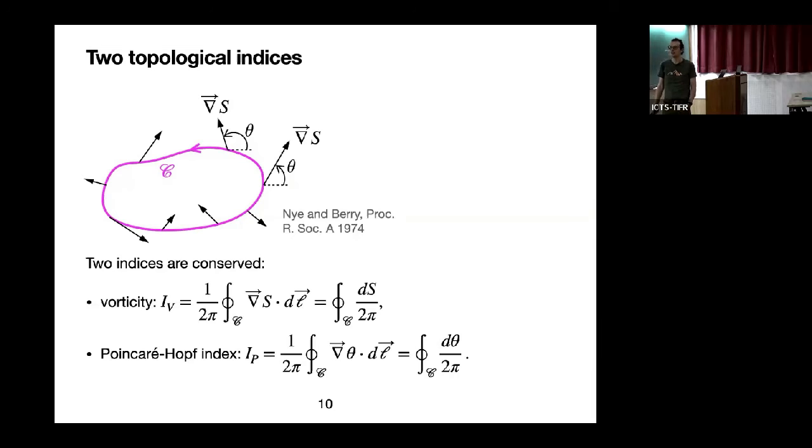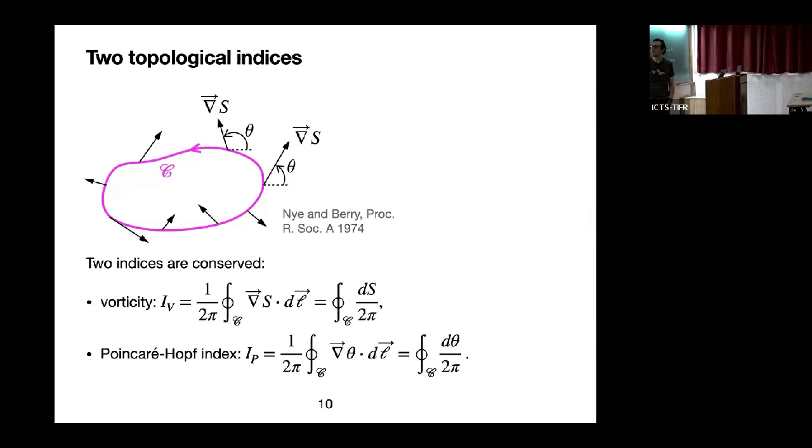There's actually another index called the Poincaré-Hopf index. It's independent of the nature of the velocity field. It can be a gradient or not. You will always have this index. Basically, it's the integration of the angle that the velocity field makes with, let's say, the x-axis. Since your contour is closed, you have to get back to the same orientation.